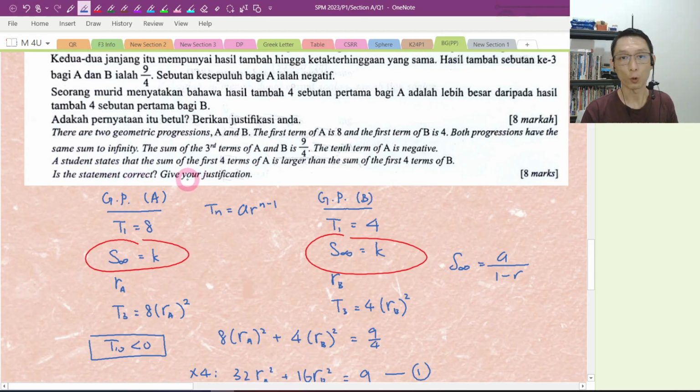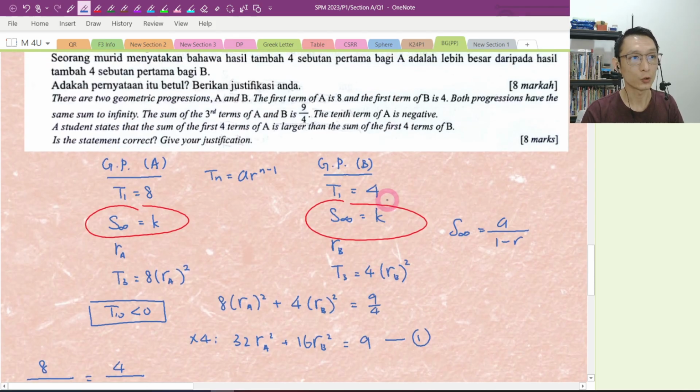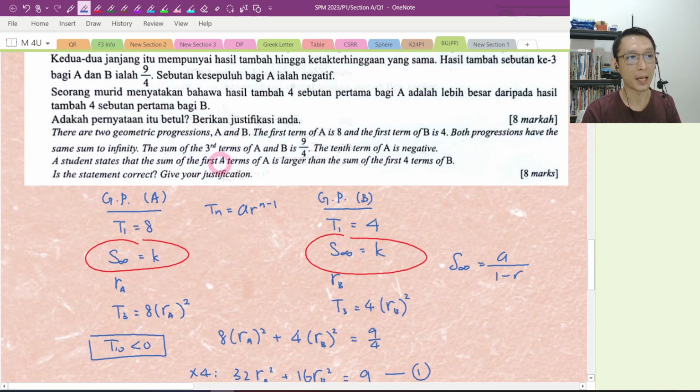So I need to find the common ratio for each GP, since the first terms are already given. Then I find the sum of the first four terms for GPA and GPB, and compare the two to see which one is larger.